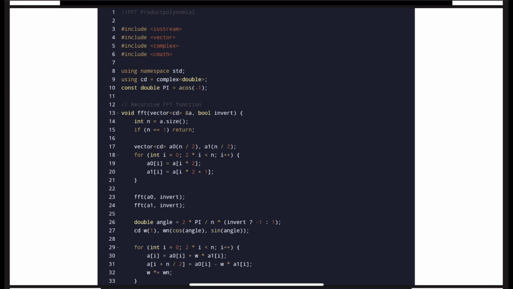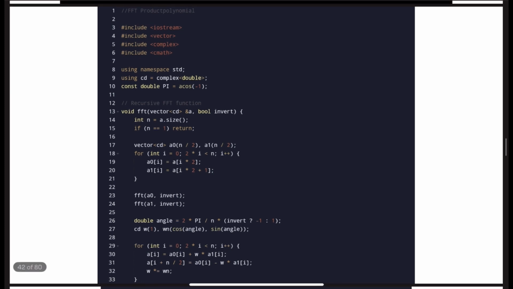So now we will be looking at the code for FFT and inverse FFT. So first we include all the necessary libraries. We are using the vector, complex and math libraries, and this code is in C++. The function FFT takes a vector of complex numbers as input and processes it recursively.